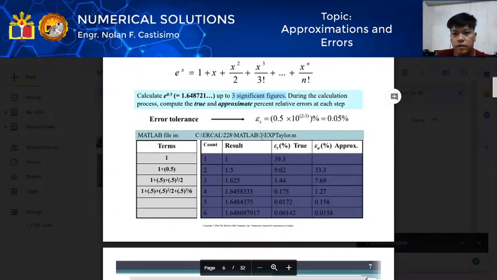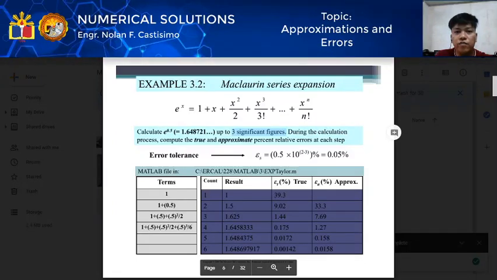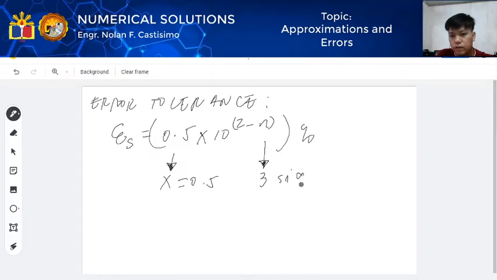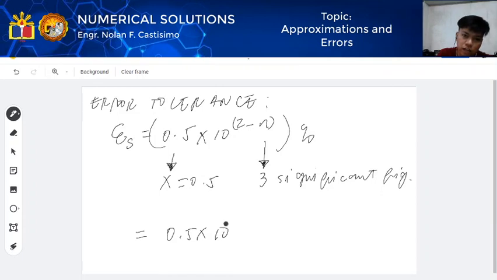Next. So, yung 0.5, yan yung value ni x natin. So, times to, ito naman yung value ni x natin is equivalent to 0.5. And then, itong 3 natin, yan yung 3 yung significant figures. So, that's why we will have 0.5 times 10 raised to 2 minus 3.